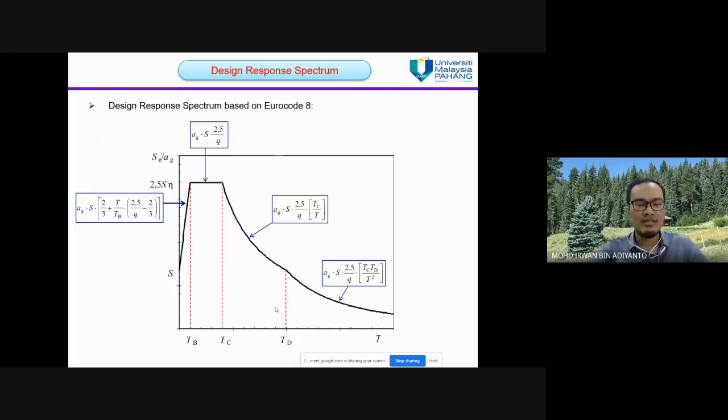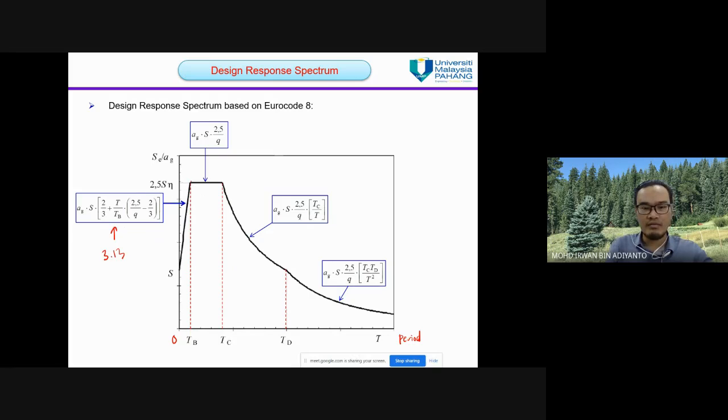Okay, so this is the basic shape of the design response spectrum. For the period of vibration 0 to TB, we use this equation, which is equation 3.13.